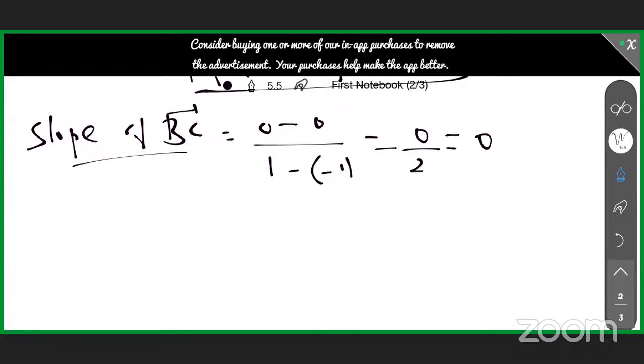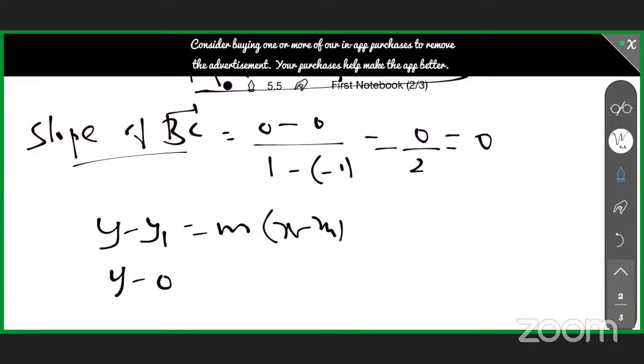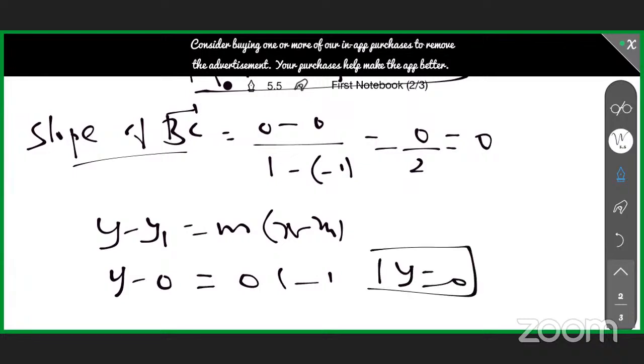The equation is y minus y1 equal to m into x minus x1, so y minus 0 equal to 0 into anything, which is 0. So y is equal to 0 is the equation of line BC.